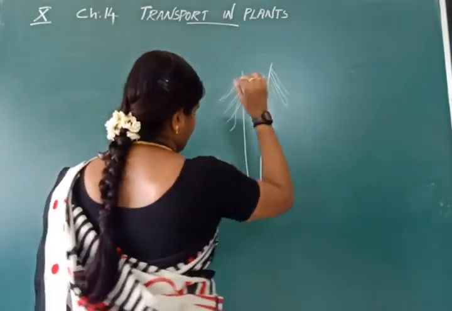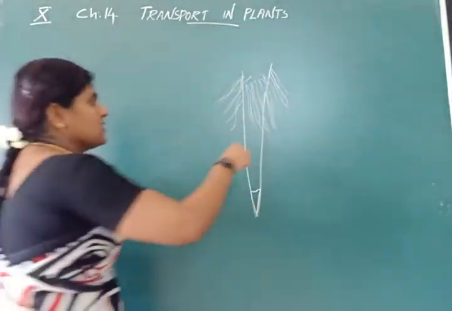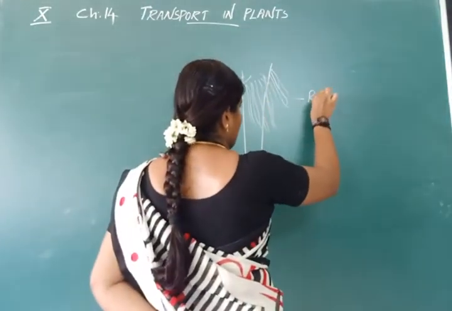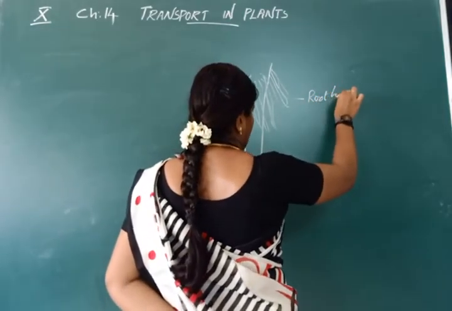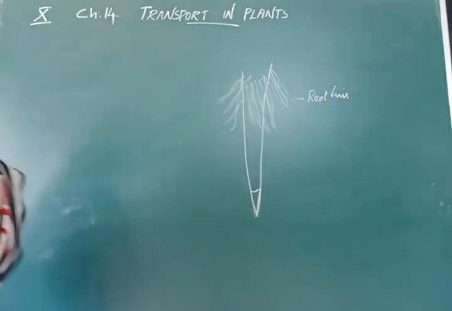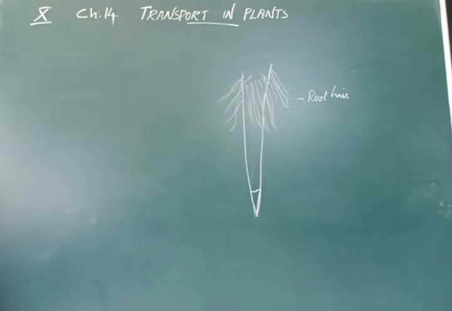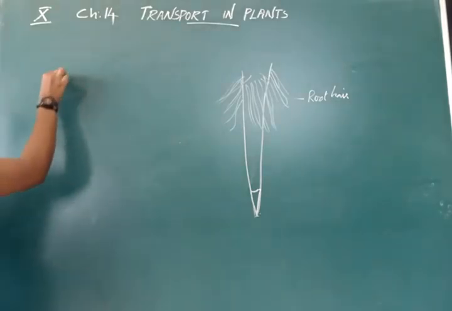So these are root hairs. These root hairs will absorb water from the soil, and from the root hairs it will be transported to different parts of the plant through the process of diffusion.